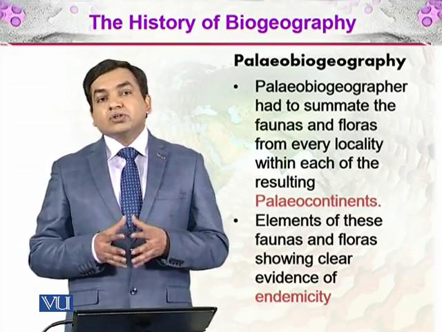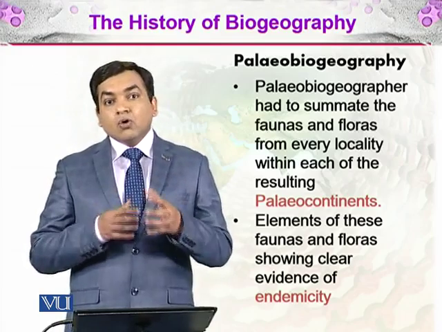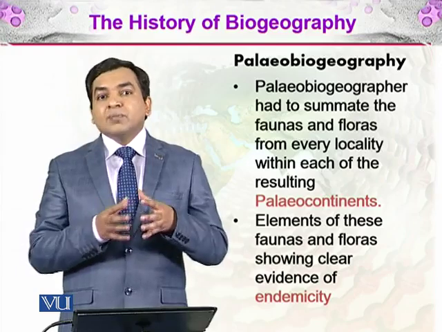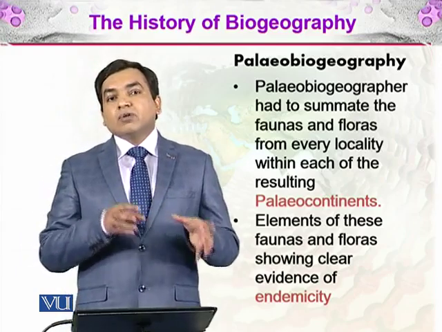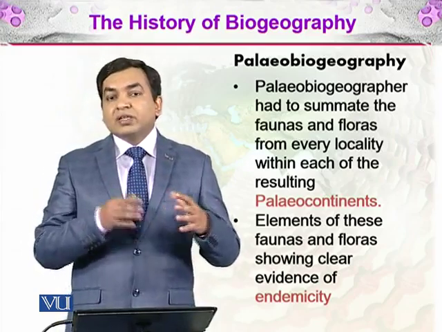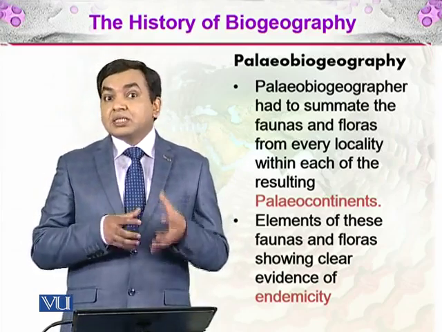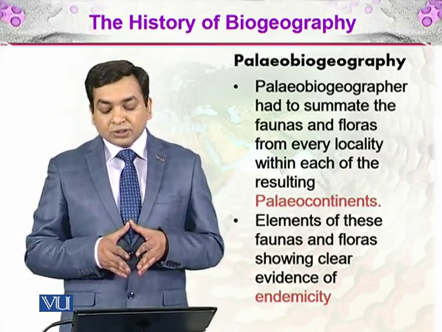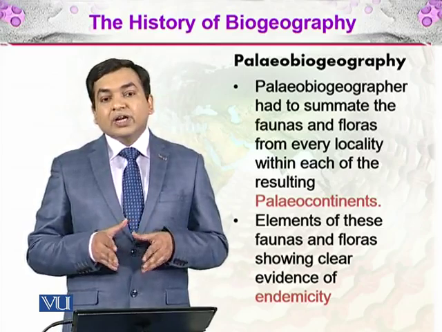Paleocontinents are the ancient continents. If India was part of Africa, they looked at that period as the same continent, with the fauna and floras showing clear evidence of endemicity.